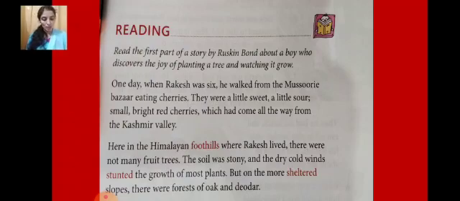Foothills, what is the meaning of foothills, children? Let's see. You will get the word meanings formally as well. Low hills at the base of a mountain or mountain ranges. Children, whenever the teacher reads the lesson, the teacher hopes that everyone opens that page number and reads along with the teacher. So foothill means low hills at the base of a mountain or mountain range. Stunted means prevented the normal growth or development.